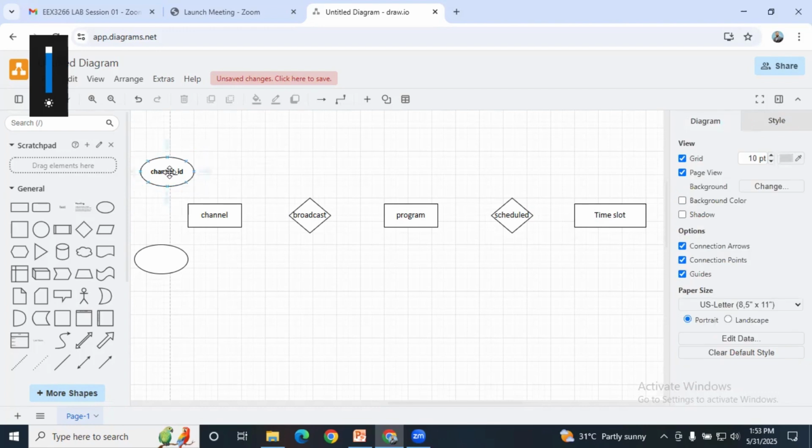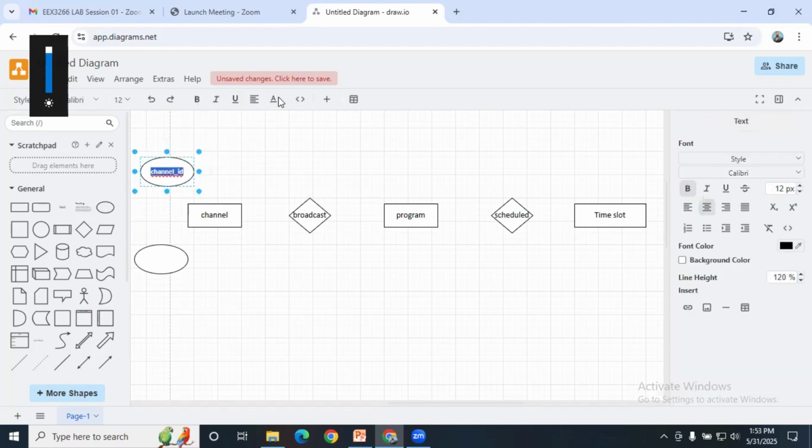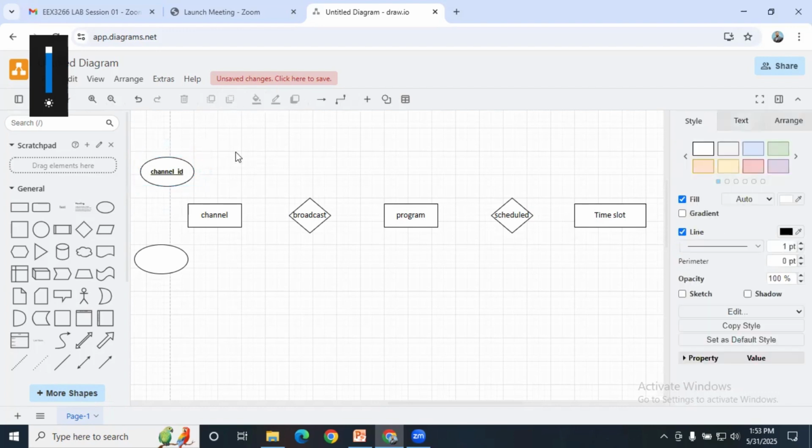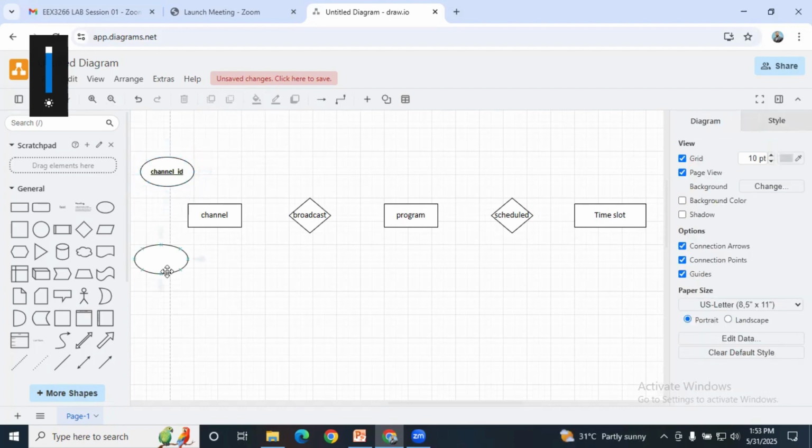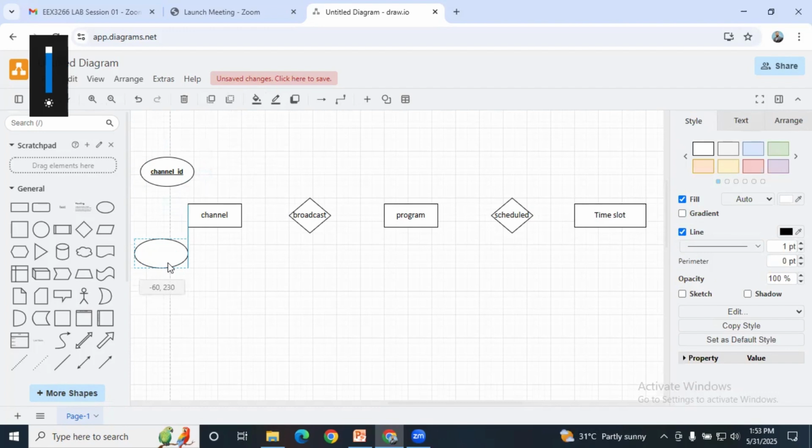It is a unique attribute. We can say it is a primary key for the channel entity. So we can underline this attribute like this. So when we are seeing some ER diagram, firstly we can say the channel entity has a primary key. The primary key is channel ID.